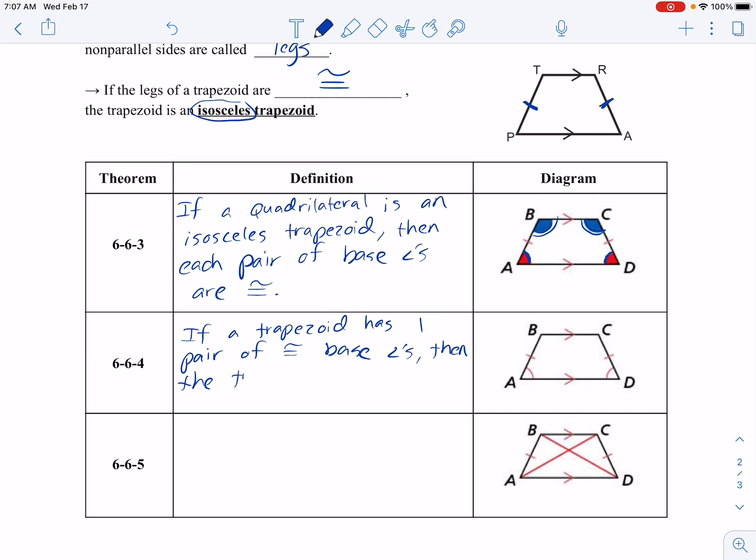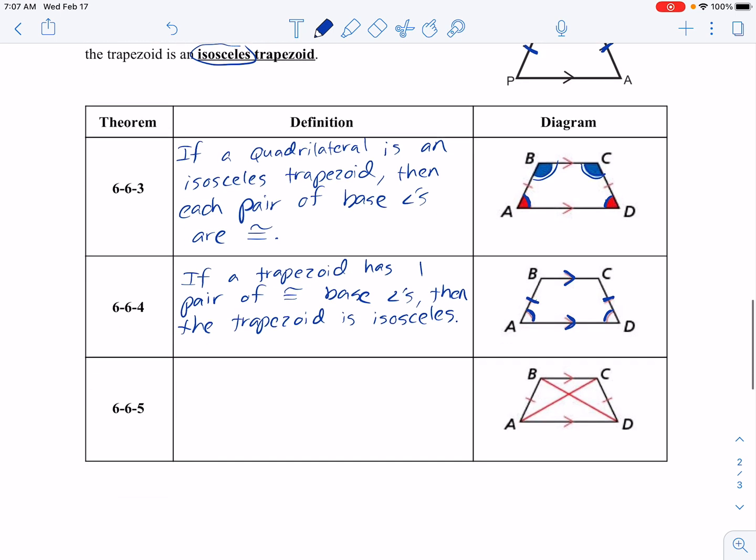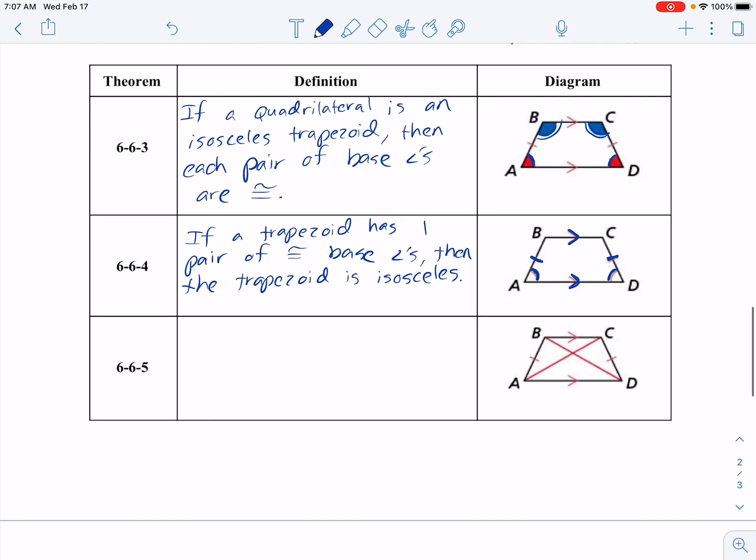So just the inverse here. You have one pair of base angles, A and D being congruent, right? Those angles are located on one of the parallel sides. So then you have an isosceles trapezoid. Then we can assume that AB is congruent to CD. Just the inverse there. One last property involves the diagonals of an isosceles trapezoid.